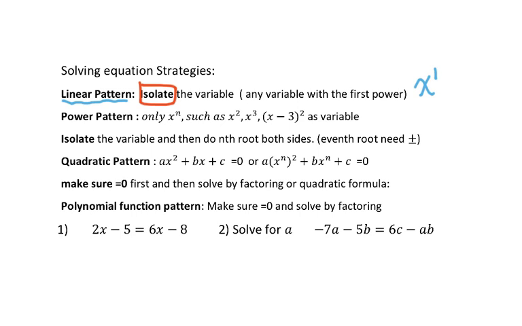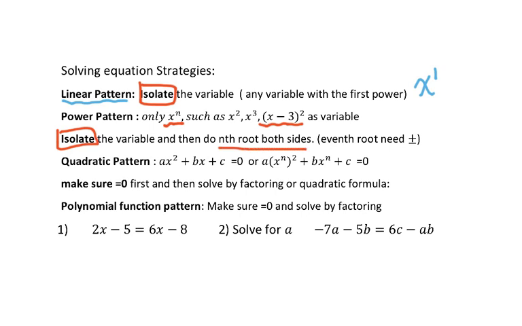Then we have the power pattern equation. Only x to the nth power in that equation, or you have (x minus 3) squared, this kind of pattern as the variable. Then we call that equation a power pattern equation. The keyword is still isolating the variable and then doing the nth root on both sides.